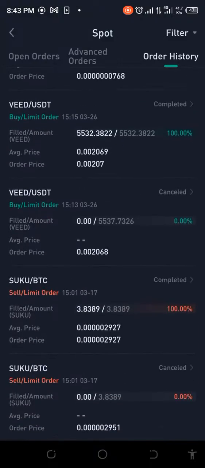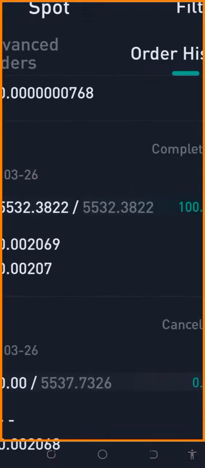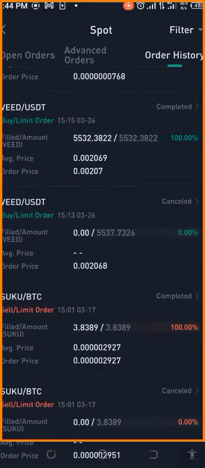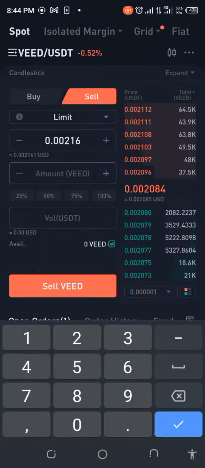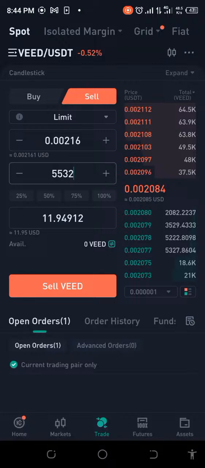Wow, that's interesting. Yes, 5532. Sorry for going to check over and over again. I'm just imagining if I had put in this, that's 5532. Wow, 11.94. I could have made an extra 40 cents just doing spot trading.